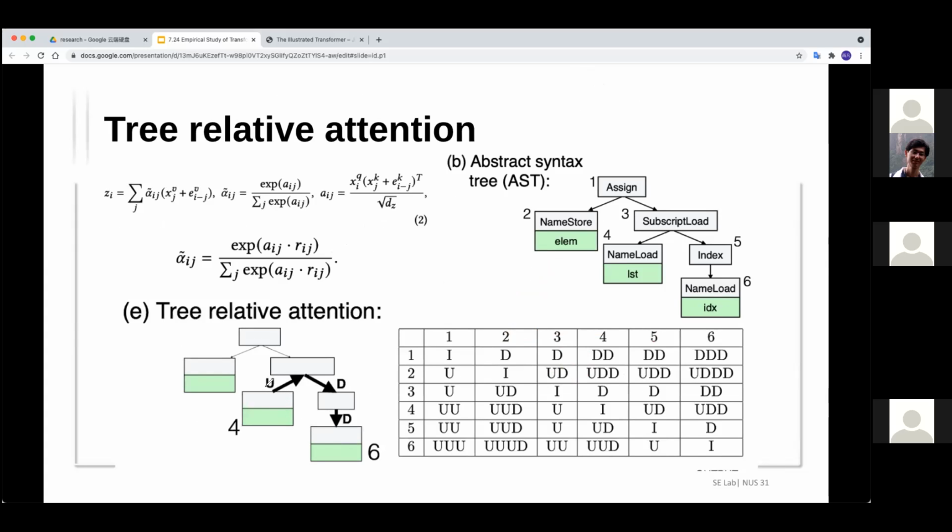Like U means up, D means down, and here is the distance between like the fourth node and the sixth node, and then it uses this signal to generate an R_{ij} number and incorporate it in the attention. You may think it's quite simple.